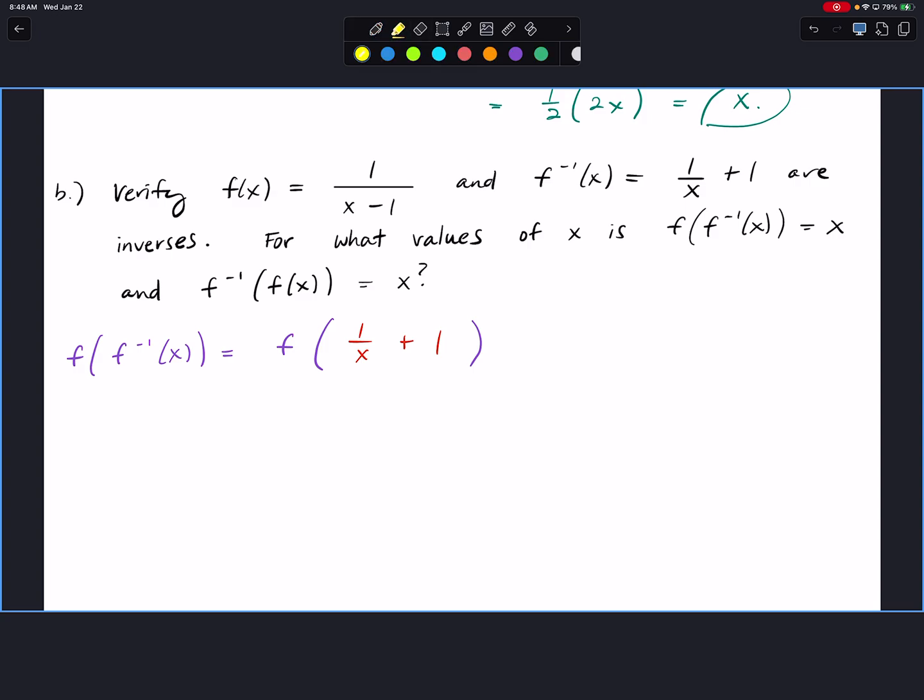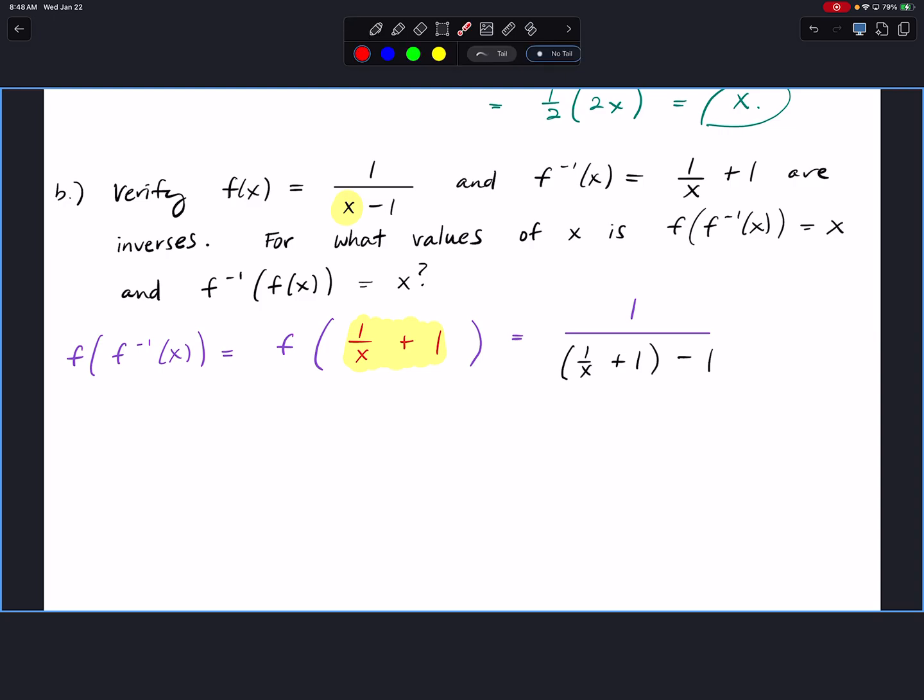So all of this is going to replace the x in f of x. So this is going to look really ugly at first because we're going to have fractions inside of fractions. So this is going to be 1 over, do you guys agree it's going to be 1 over x plus 1 and then minus 1? Does that make sense?